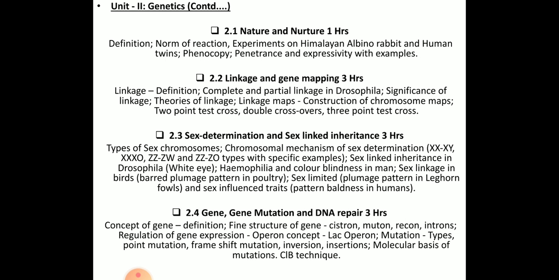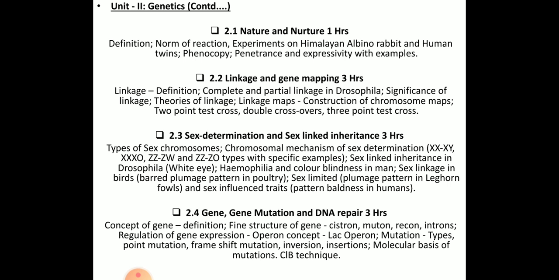If a person has twins that are the same, identical, we call them monozygotic or identical twins. Then there are non-identical twins which do not resemble each other. That type of study will be done in the first subunit.